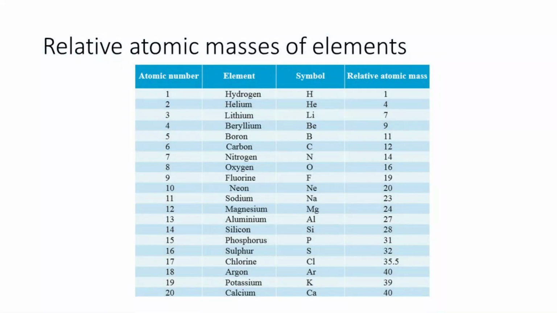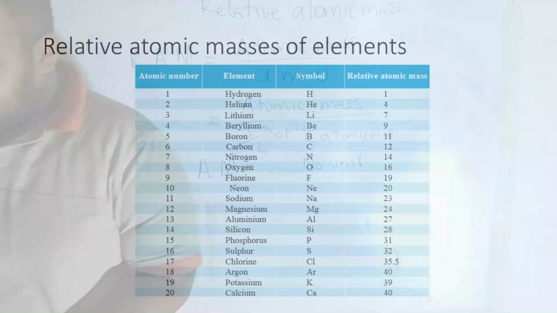Hydrogen, the relative atomic mass is 1, helium 4, lithium 7, beryllium 9, boron 11, carbon 12, nitrogen 14, oxygen 16, fluorine 19, neon 20, sodium 23, magnesium 24, aluminium 27, silicon 28, phosphorus 31 and sulfur 32, chlorine 35.5, argon 40, potassium 39 and then calcium again 40.